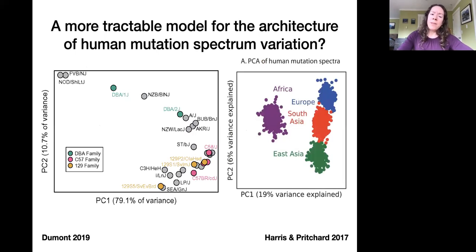And so this is a PCA plot from Beth Dumont's paper on the left compared to a PCA plot of mutation spectrum variation within humans on the right.